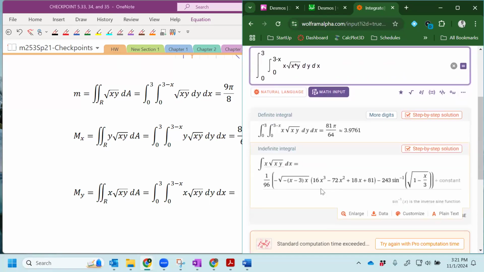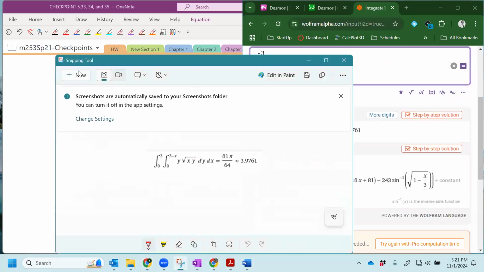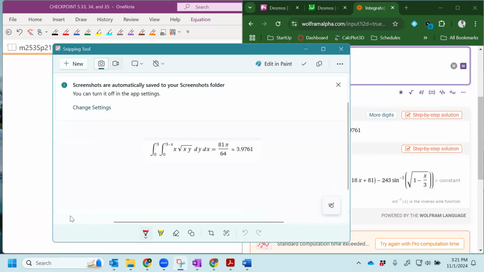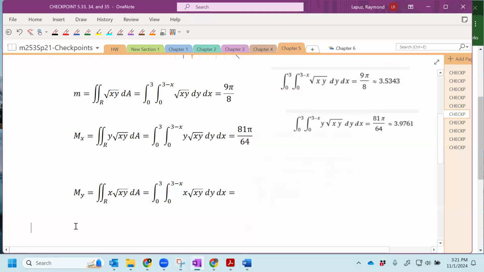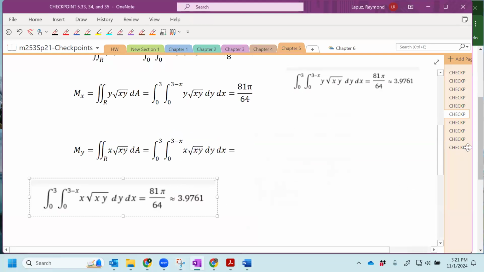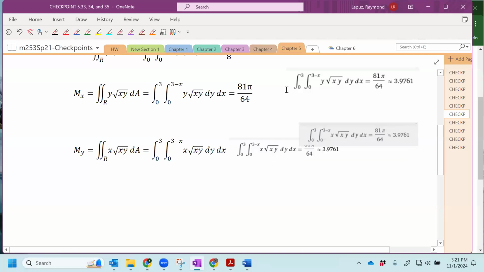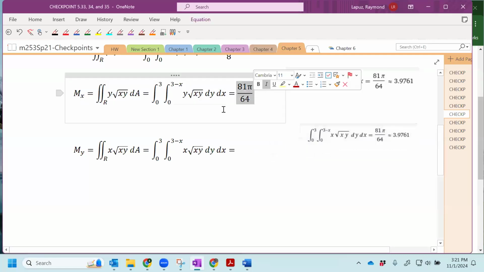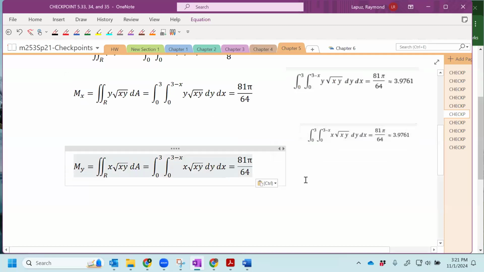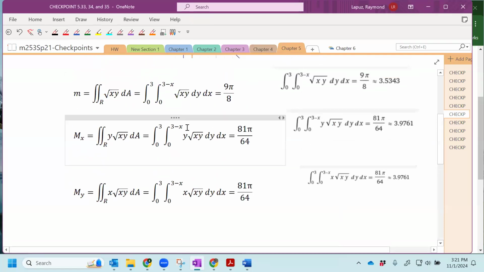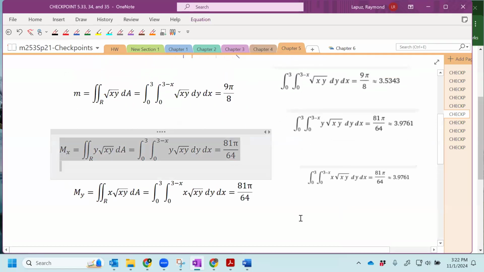Oh, we get the same thing. Interesting. We also get 81 pi over 64. So maybe I shouldn't have erased our result here. But that's our result. Okay.